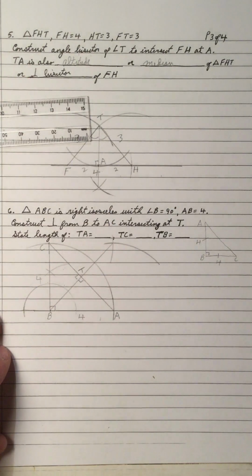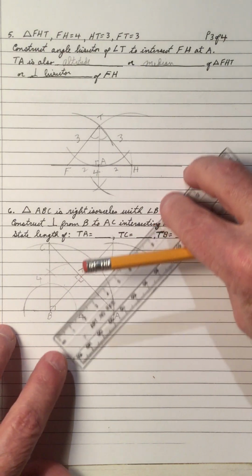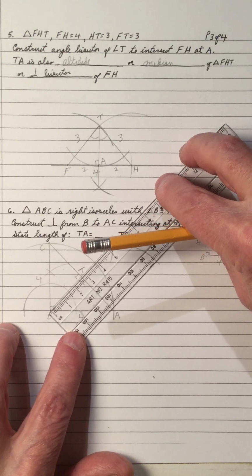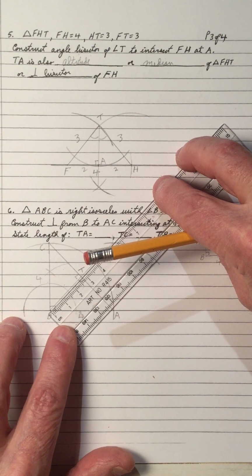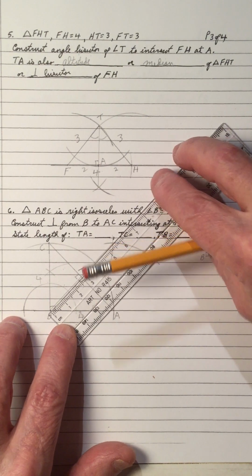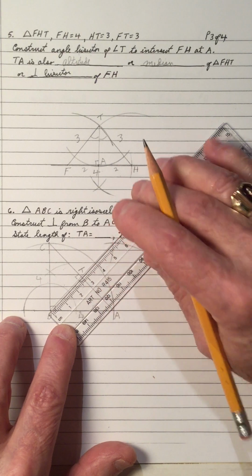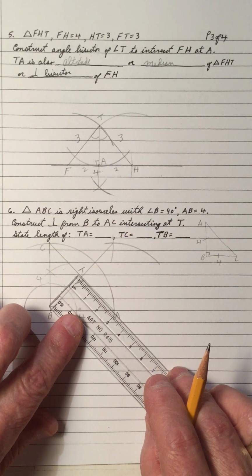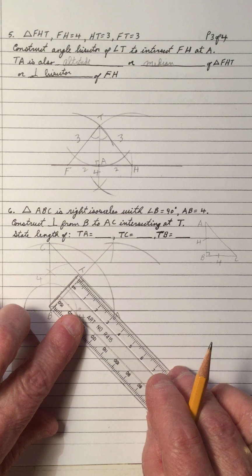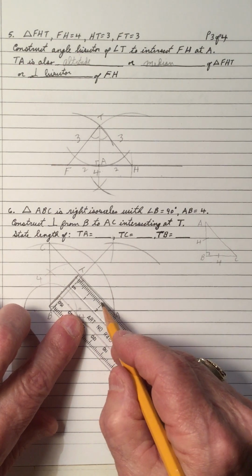But it says find the length. So we'll take a ruler and measure. I have approximately 27 or 28. Let's see what we have here. Again, as you can see, 27 or 28.